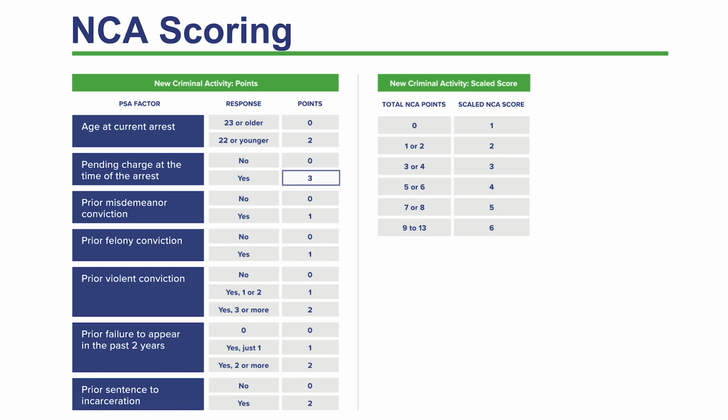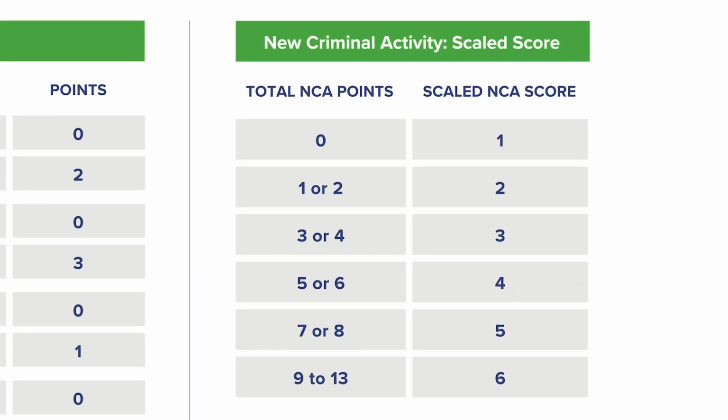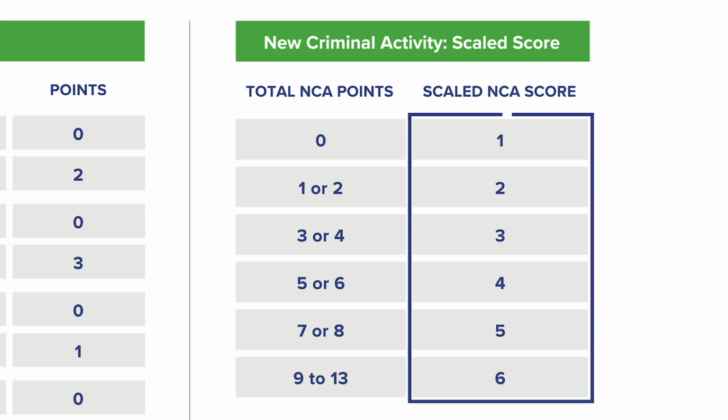For example, 3 points are scored if the person has a pending charge at the time of the arrest. 1 point is given if the person has a prior felony conviction. Remember that the higher the weight, the greater the likelihood of that outcome occurring. As with FTA, the total points are summed and then converted to a scale score of 1 through 6, with a scaled score of 1 indicating the lowest likelihood of NCA and a score of 6 indicating the greatest.